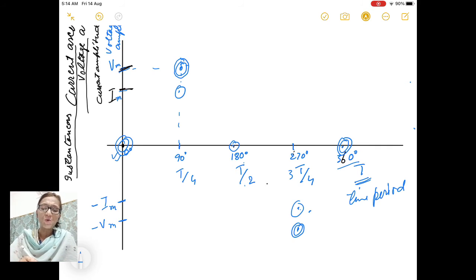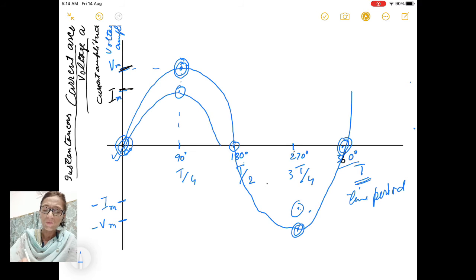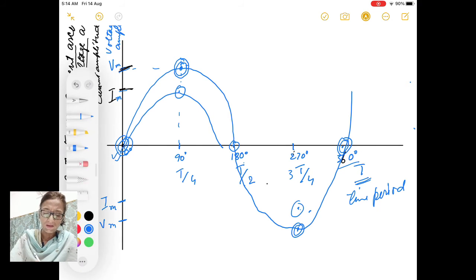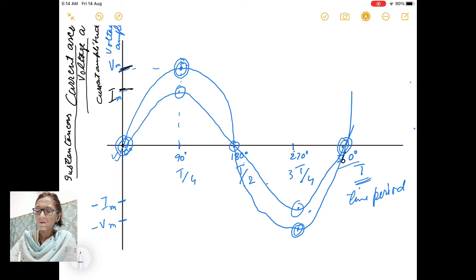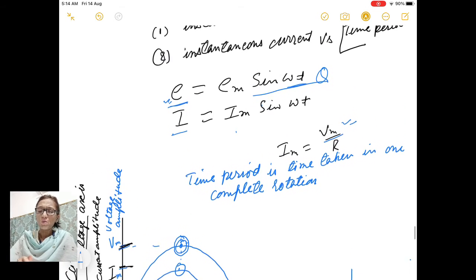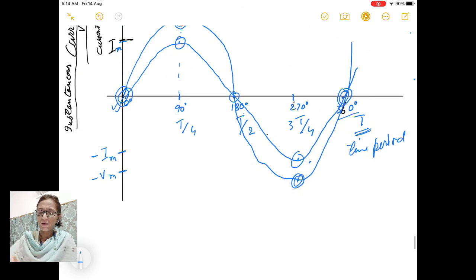Now let us draw a graph passing through these points with our free hand, and we find a curve just similar to a sinusoidal curve. As it is varying in terms of sine, we get a sinusoidal curve.